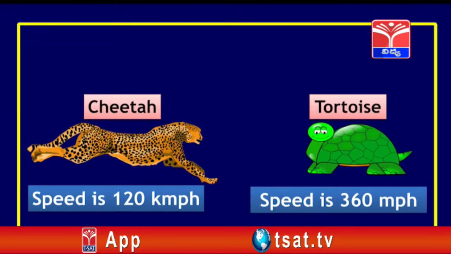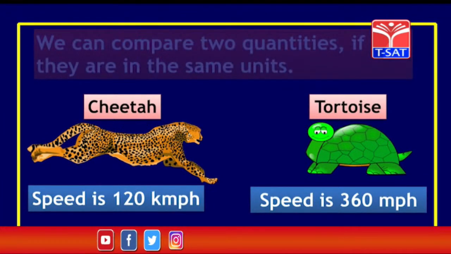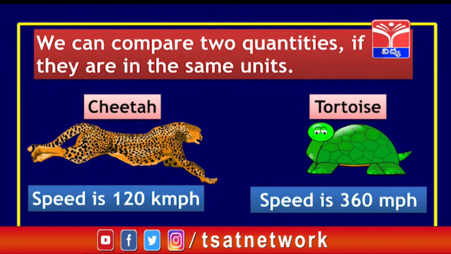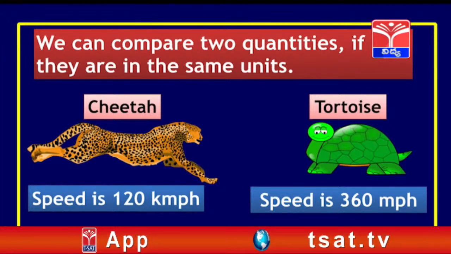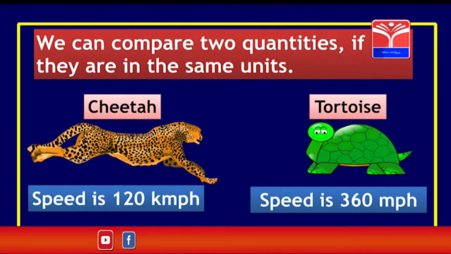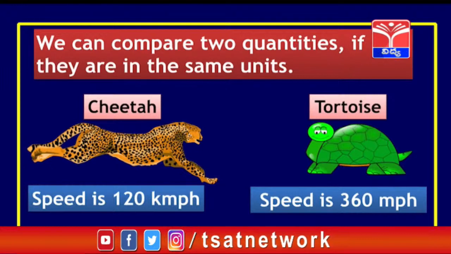No. Why can we not compare these two quantities? The reason is both are in different units. The speed of the cheetah is 120 kilometers per hour, whereas the speed of the tortoise is 360 meters per hour. Since these two are in different units, we cannot compare them.